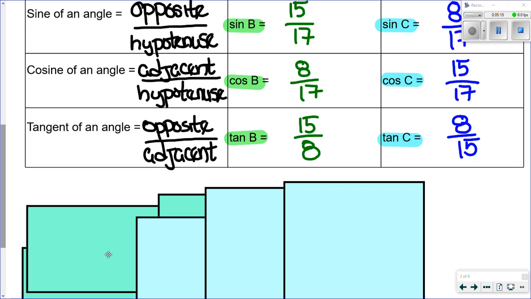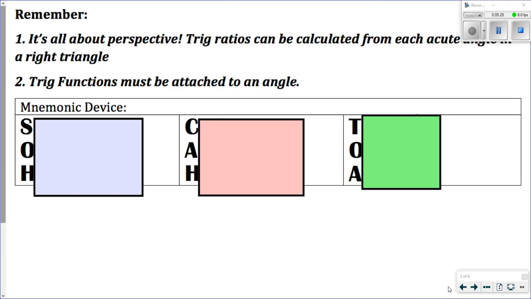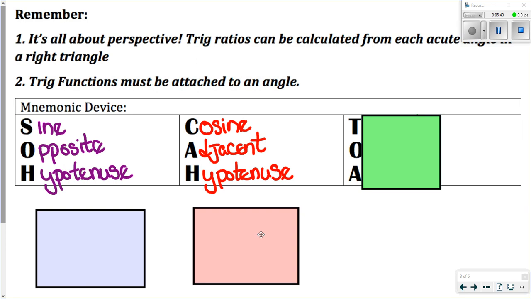In order to remember those ratios, I'm sure you've heard of SOHCAHTOA. You may have heard it in middle school in order to remember what goes with what. SOH is sine opposite hypotenuse. CAH is cosine adjacent hypotenuse.